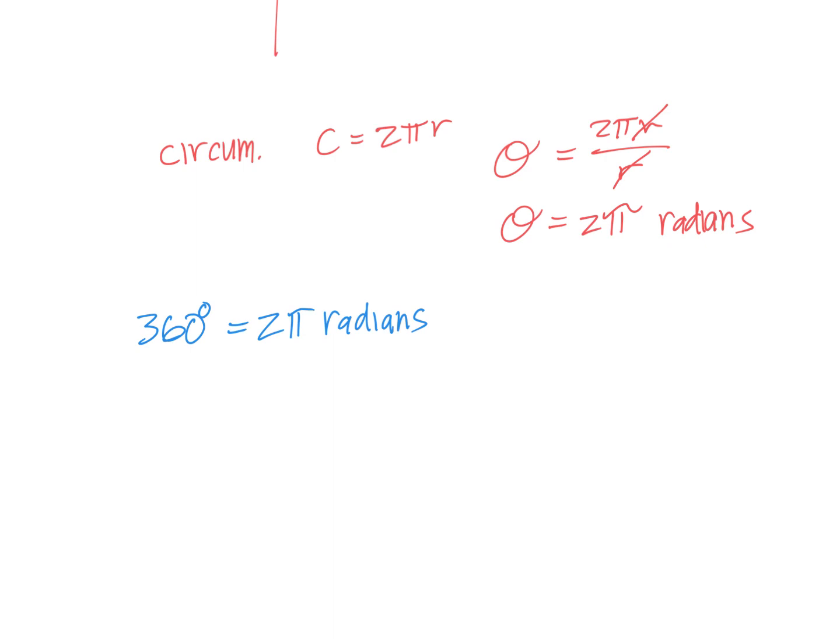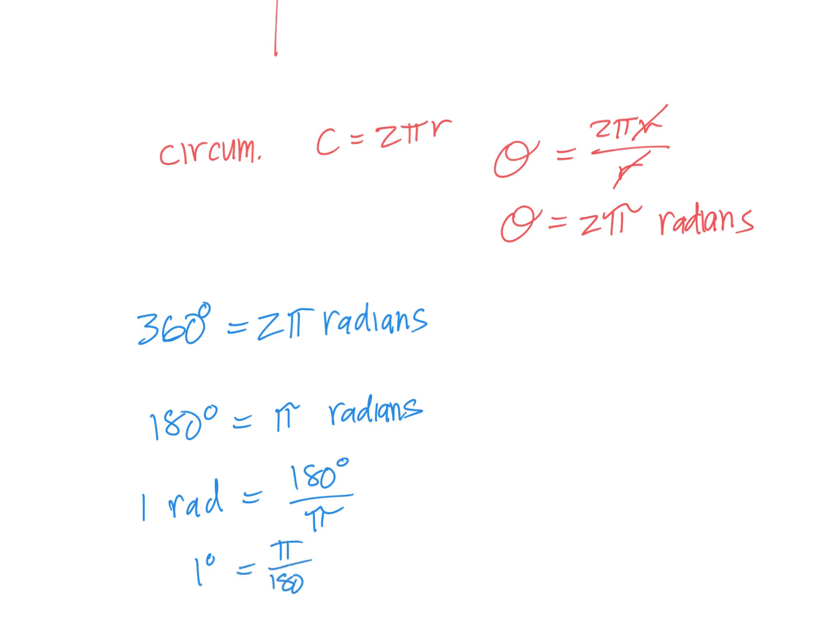Both of these are even numbers, so dividing by 2, we also have the relation 180 degrees is equal to pi radians. Or 1 radian, you can abbreviate radians with RAD, is 180 degrees over pi, or 1 degree is pi over 180 radians.